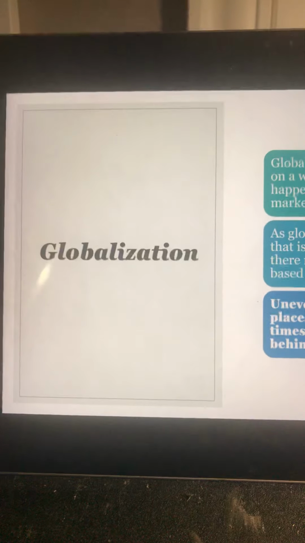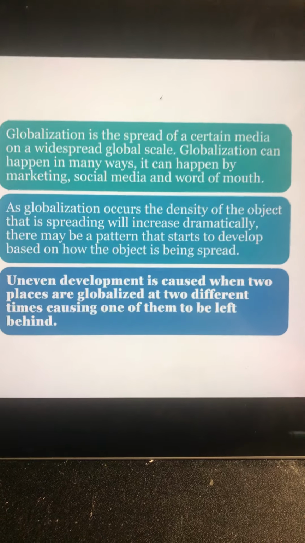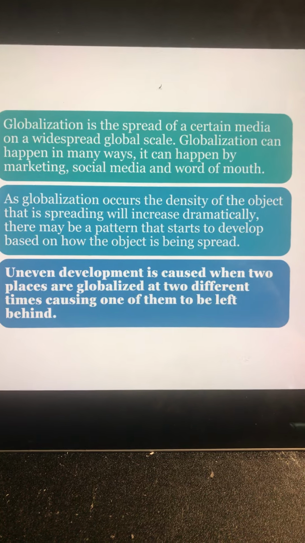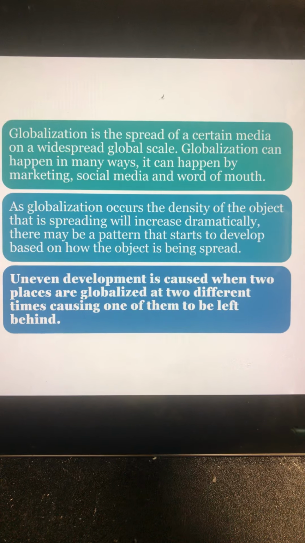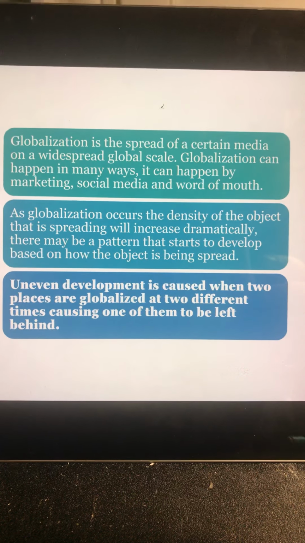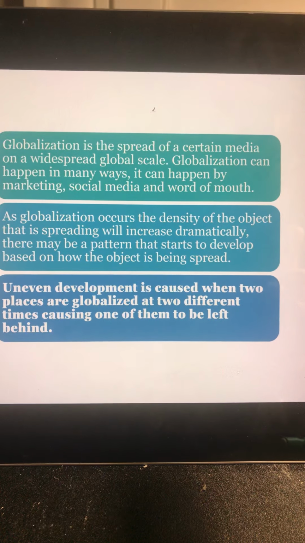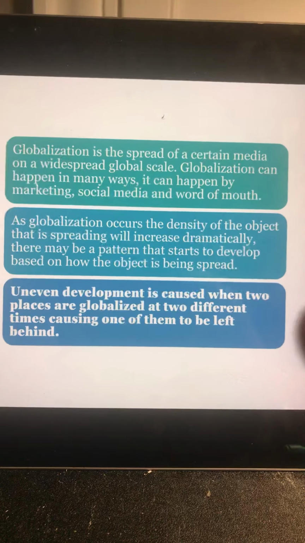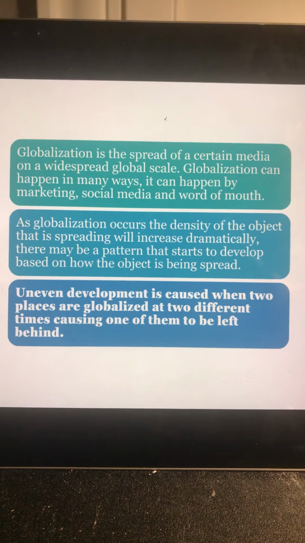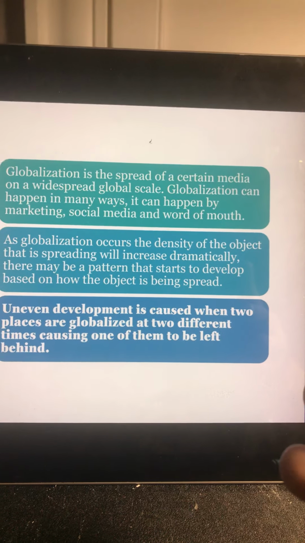Okay, globalization. Globalization is the spread of any kind of media or anything like that on a global scale. Globalization can happen in many ways, like marketing, social media, or word of mouth.